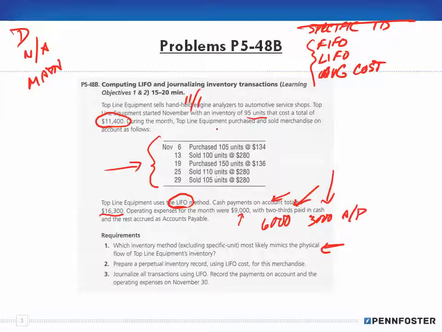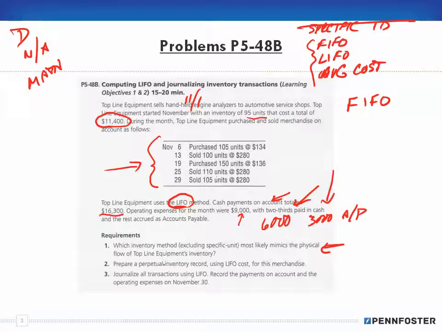You want your inventory valuation to represent current market value. So if I'm going to get rid of the 95 first, then I would end up choosing the FIFO method. Now, Top Line Equipment, yes, they are using the LIFO method, but the physical inventory should follow the FIFO method.